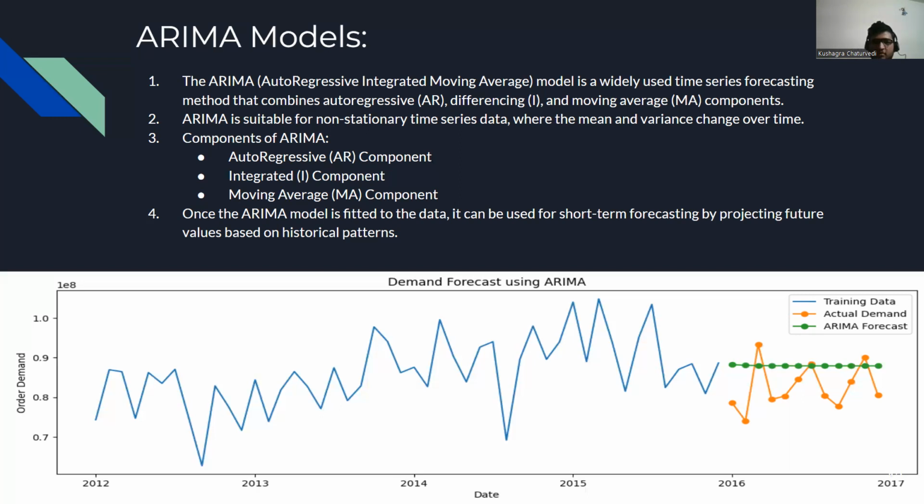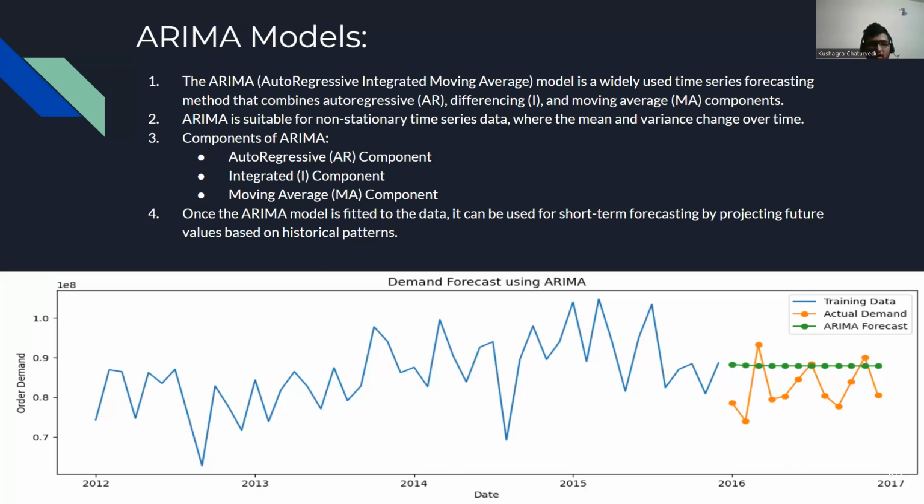If the variable over time does not change in statistical properties, then we can say that it's stationary in nature, and the integrated component helps us in achieving that. Then we have moving average, which represents the relationship between the time series and the residual errors. So we can have a moving average of lag values, and it is denoted by Q, and the integrated component is denoted by D or I, as you might prefer.